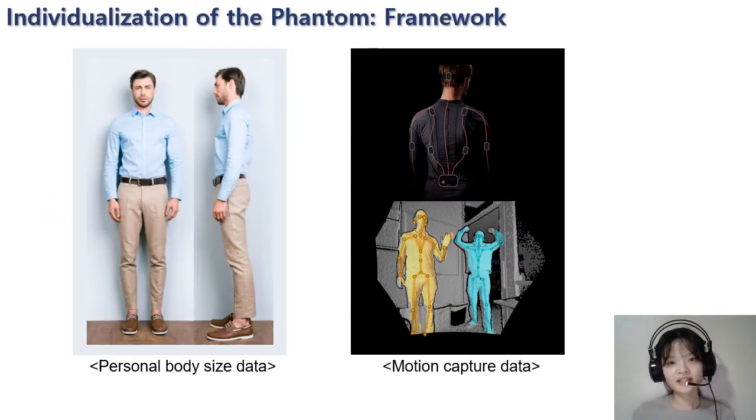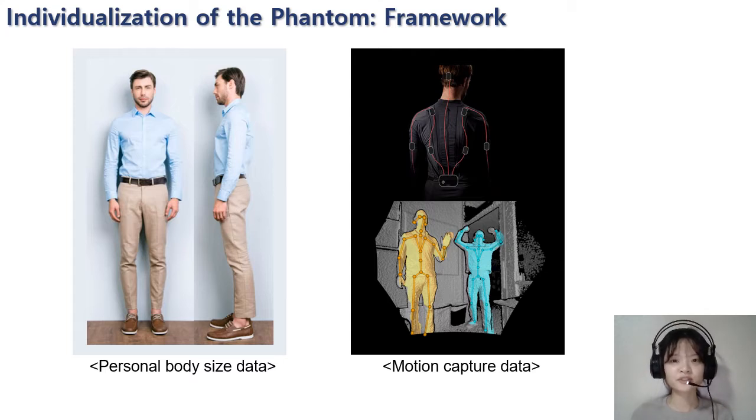Phantom individualization can be done by adjusting a template or model phantom to personal body sizes and the actual motion data that can be obtained from various motion capture devices such as inertial sensors or depth cameras.